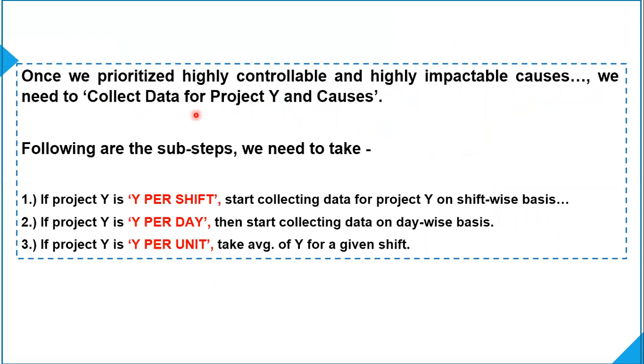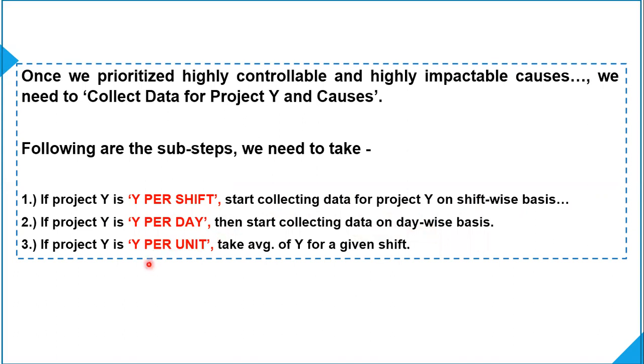Following are the substeps, or I would say conditions, we need to keep in mind. If project Y is Y per shift, we have to start collecting data for project Y on a shift-wise basis. If project Y is Y per day, we need to start collecting major phase data on a day-wise basis.